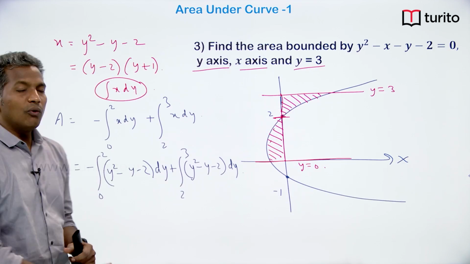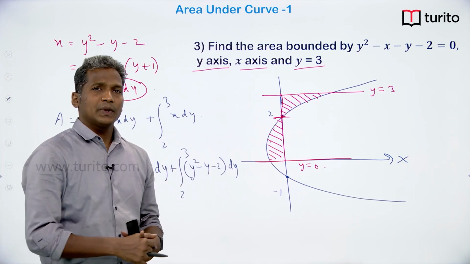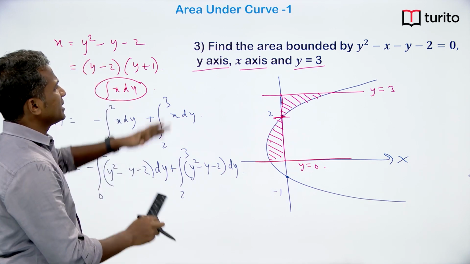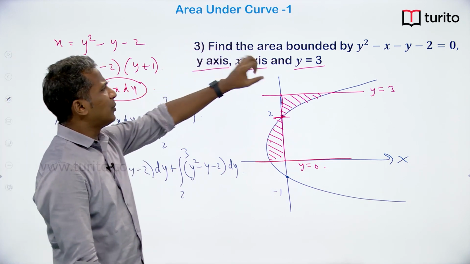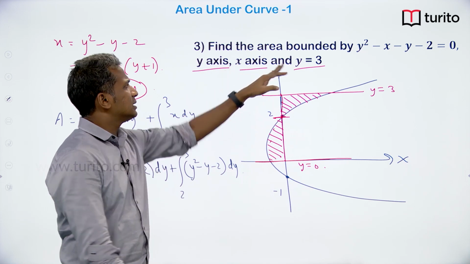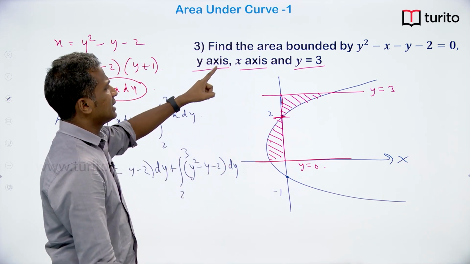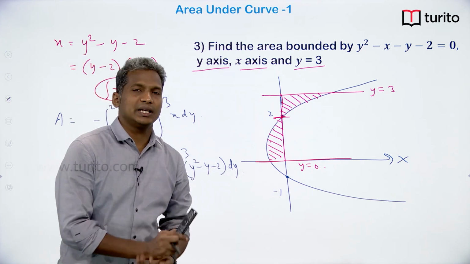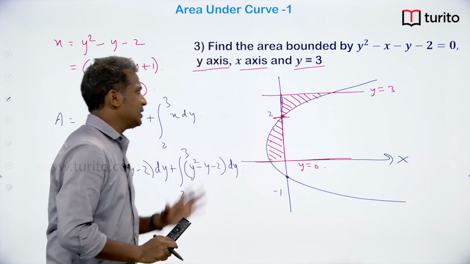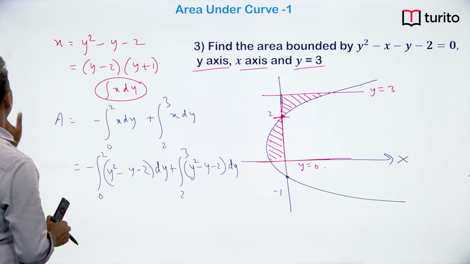Now what could be the confusion here? Here it is mentioned that the four boundaries must be these four boundaries: x axis, y axis, and the y equal to 3 line. So that means there could also be a different meaning.